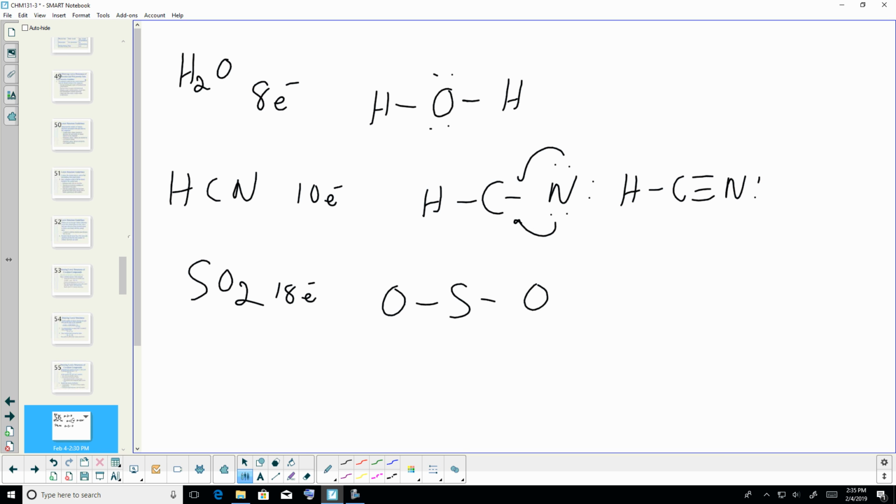So now I put my single bonds in. Now what do I do? Give the 8 to the outer atoms. How many have I used?